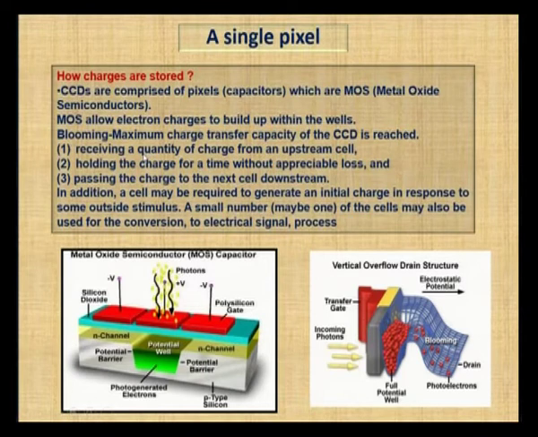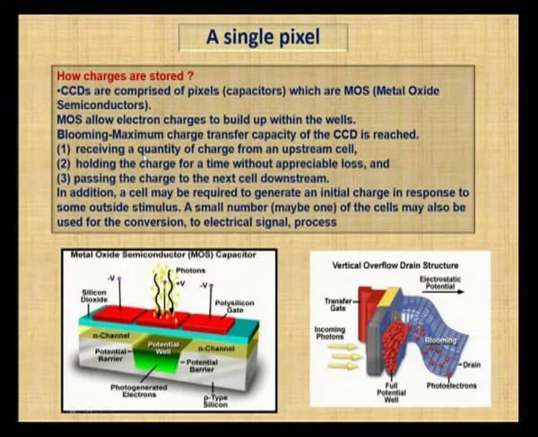The very first cells are directly exposed to the light, and they initiate the process. When they take the light, electrons are ejected, which in turn make charge packets. The initial cells enhance this process by making charge packets. Then there are receiving cells, which can take a charge from the cells above.